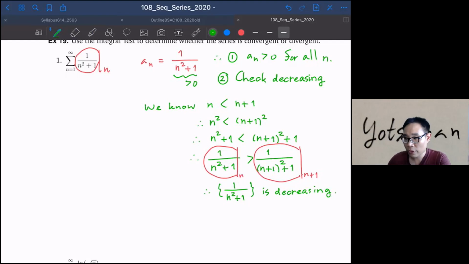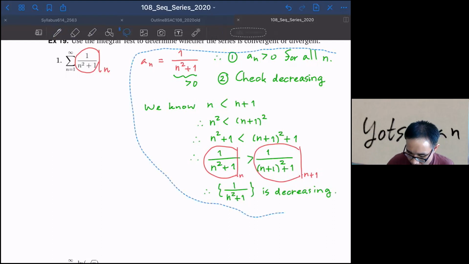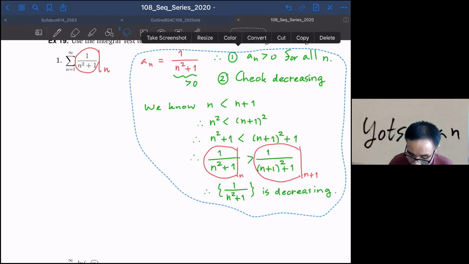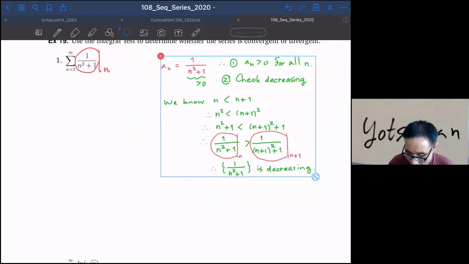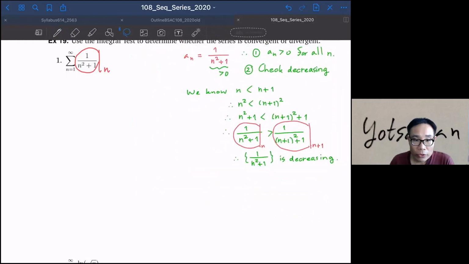So the third step is that you need to integrate. Okay, so let me resize this a little bit. That will be our last step. So the third step here, you're going to integrate from 1 to infinity, and when we integrate, we're normally familiar with the variable x, so let's change n to x.